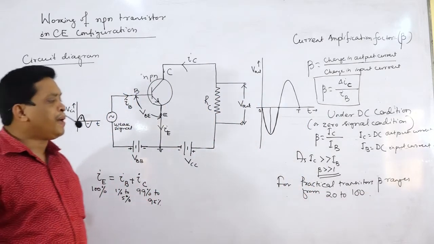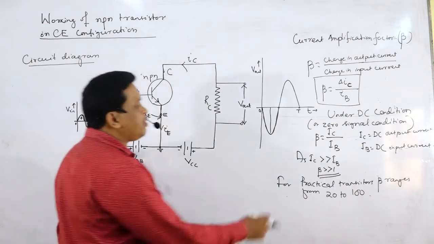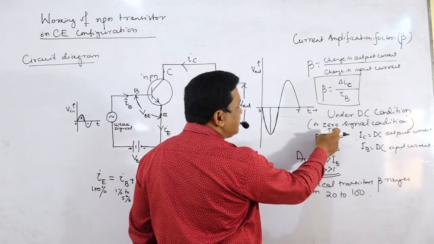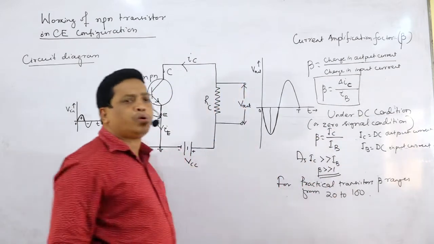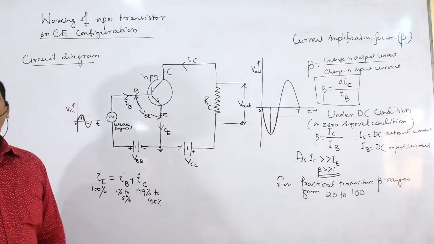Suppose the beta value of a transistor is 50. Then we say that IC, the output current, is 50 times the input current.